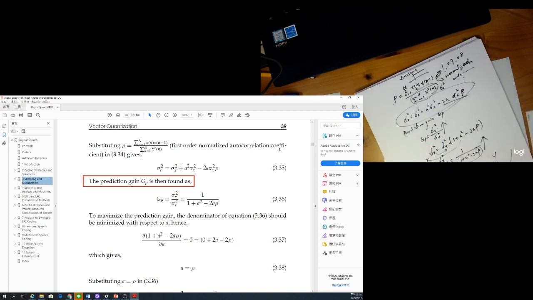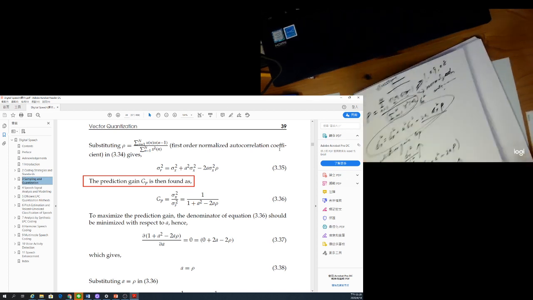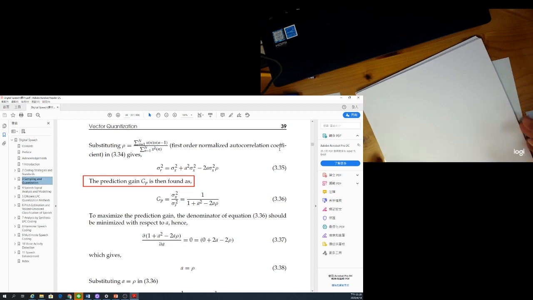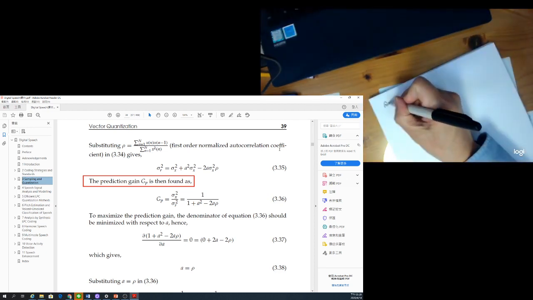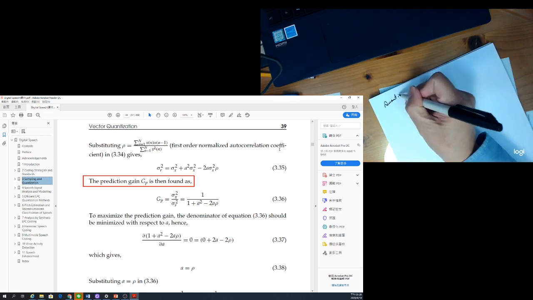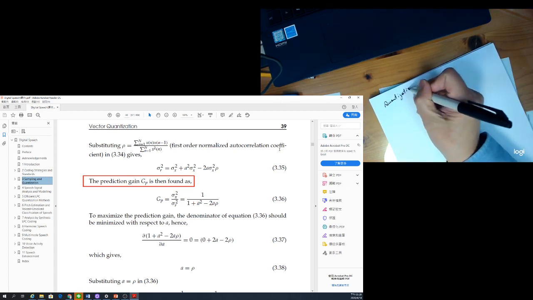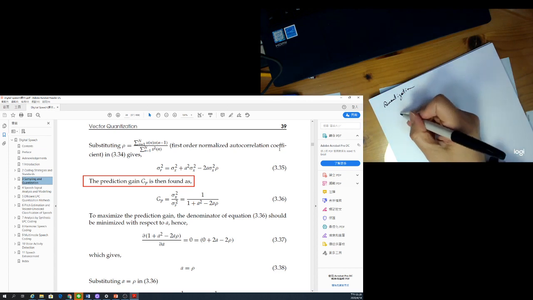Okay, so the main idea here, because you are trying to do quantization: the first issue is the original signal.